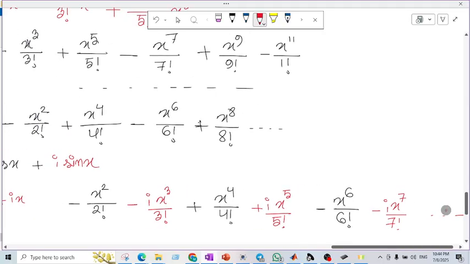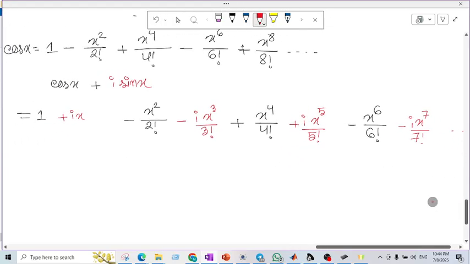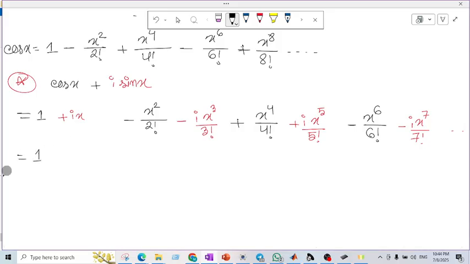Now let me rearrange this thing. So this is 1, it's ix, and let me write here just 1 factorial, to match the pattern. You will see why. Here you have minus 1. Can I write minus 1 is equal to i squared?